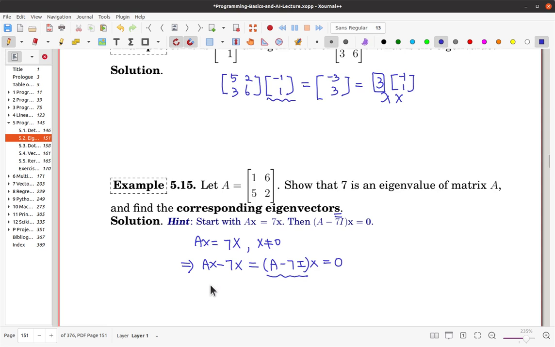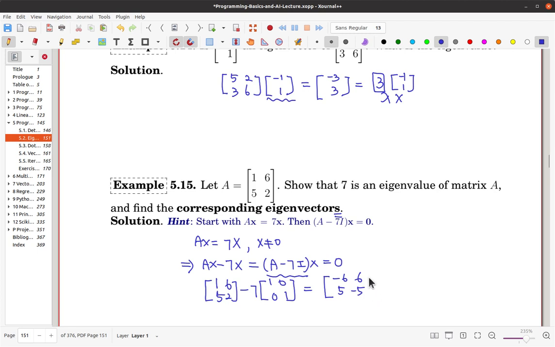Let's try to organize this matrix. A is 1, 6, 5, 2, and minus 7 identity is 1, 0, 0, 1. After multiplication, along the diagonal the values are 7 and 0, so we subtract 7: it's minus 6 and 6, and minus 7 gives 5 and minus 5, right?